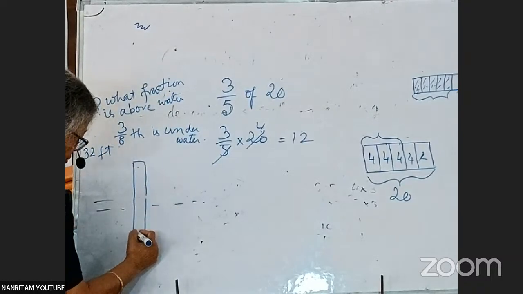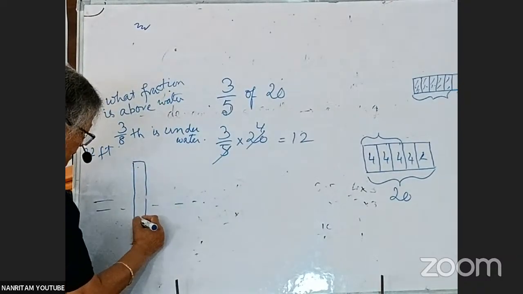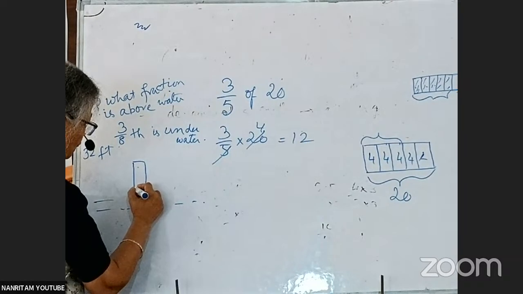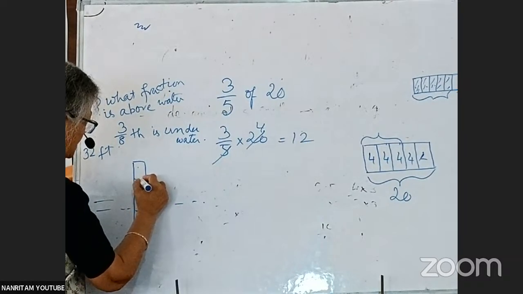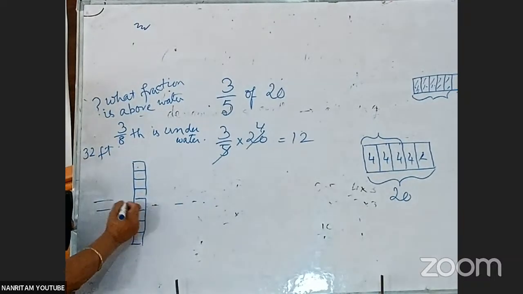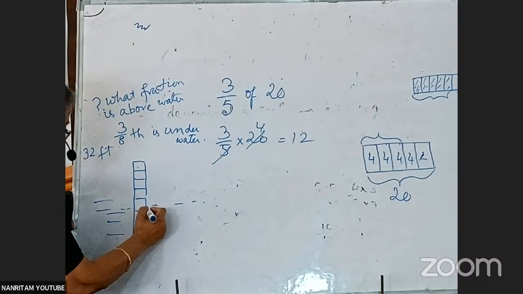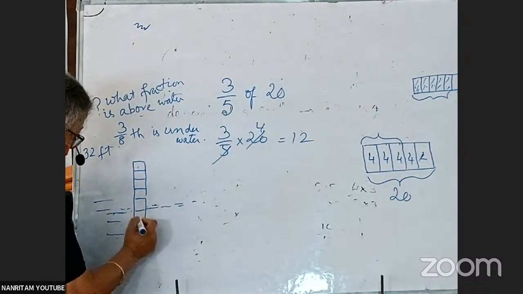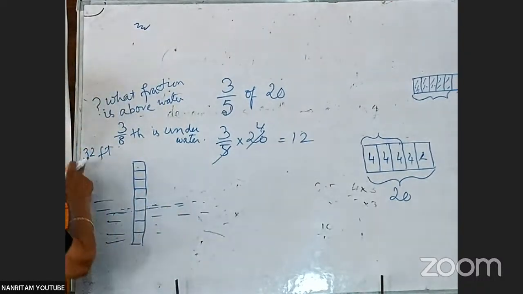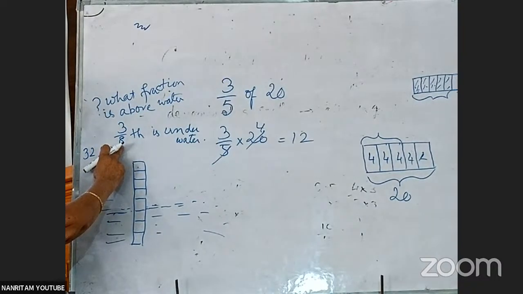So this is 1, 2, 3 portions, which is important. Then 4, 5, 6 portions. We divided into 8 portions.